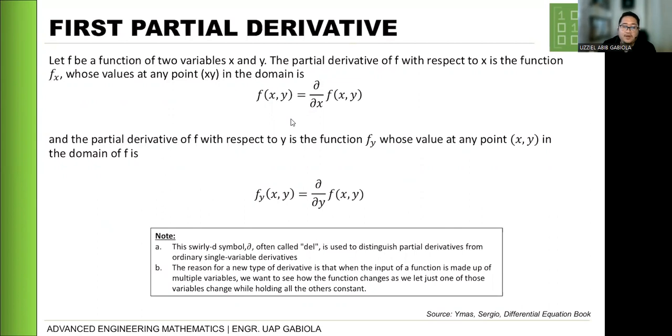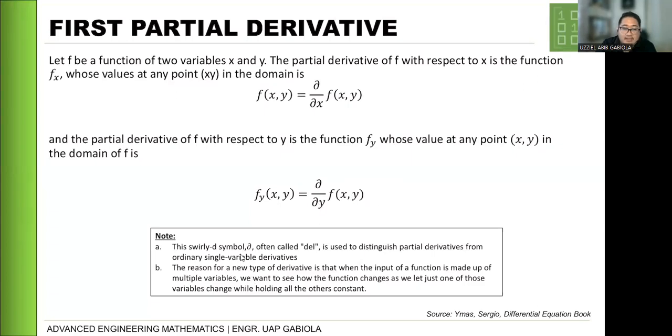So if ever we are differentiating or partial derivative ng function in terms of x, we are treating y as constant. Okay? So the partial derivative of f with respect to y, so same lang, no? Fy naman tayo. And then we are considering yung variable natin y as our independent variable. So meaning lahat ng x natin will be treated as constant.